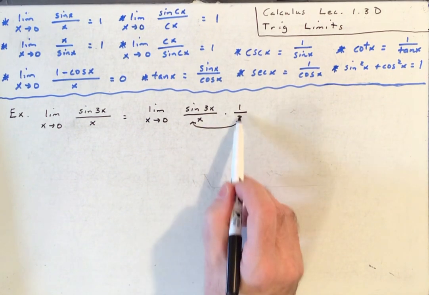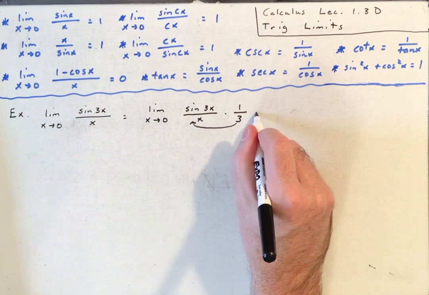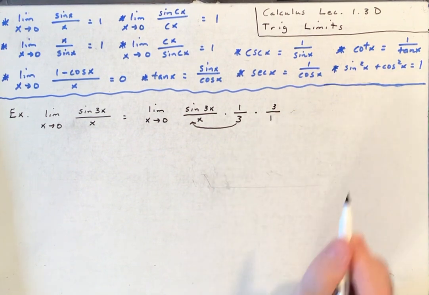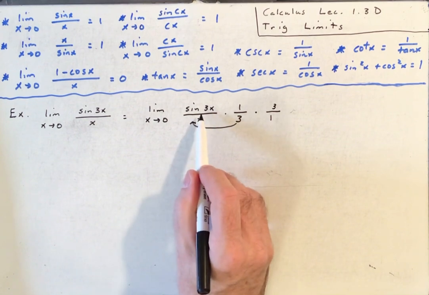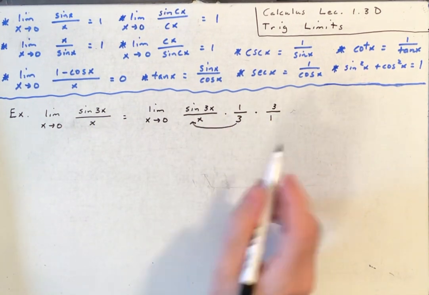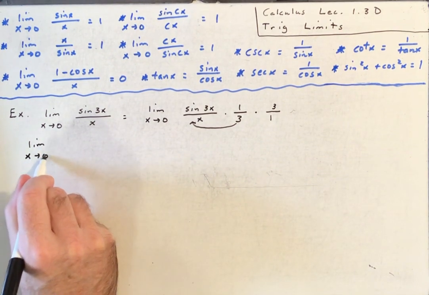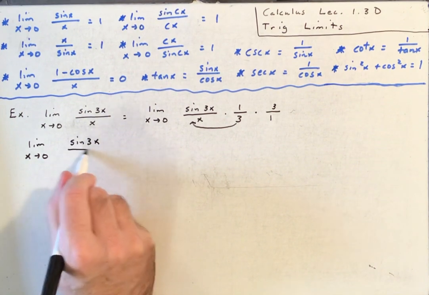However, if you multiply an equation by 1/3, in order for it to be the same, we must compensate by multiplying by 3 over 1. Okay, so now this is exactly the same as this. I've just broken it up a little bit. So now we have the limit as x approaches 0 of sine 3x over 3x.